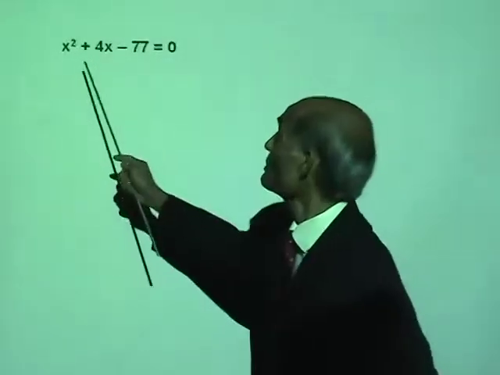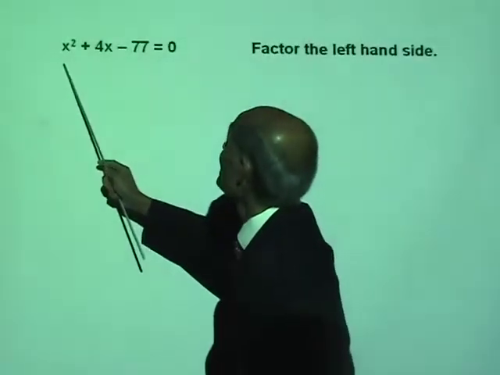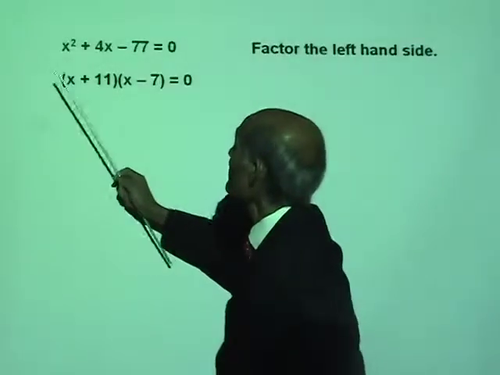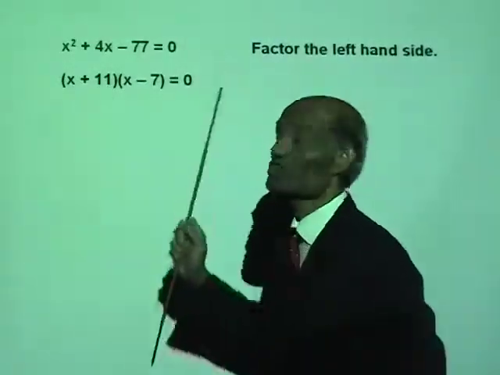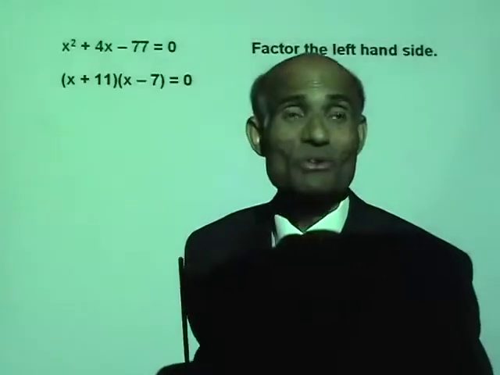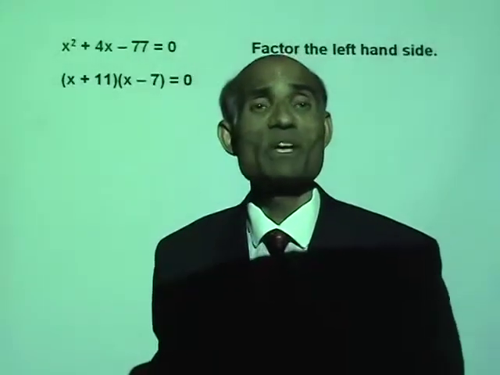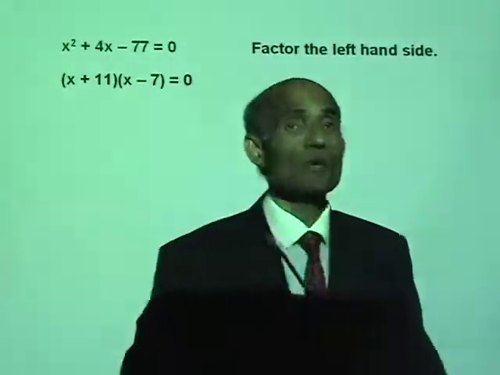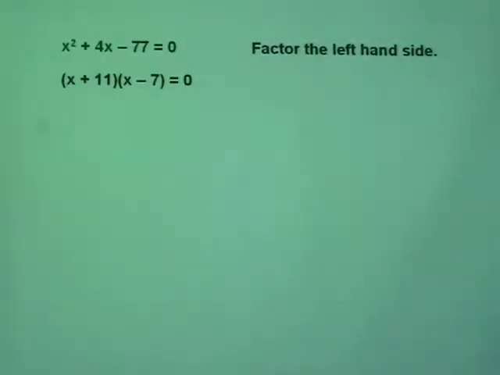Okay, let's start with the first term. Factor x squared. Well, I just factored it for you, thinking that you will be able to do that on your own. Well, it will go like this. Let me show it to you. x squared can be factored as x and x.